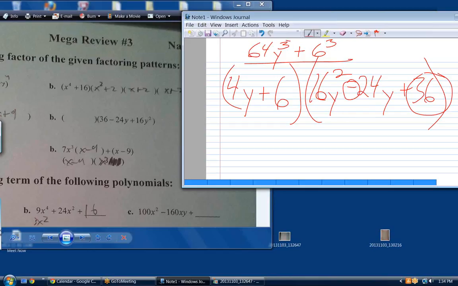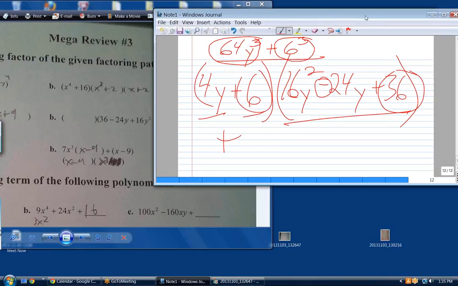We would take the cube root of this plus the cube root of that. Well, the cube root of the first term is 4y. The cube root of 6 cubed is 6. And then the second factor is 4y squared minus that times that, which is 24y, plus this squared.